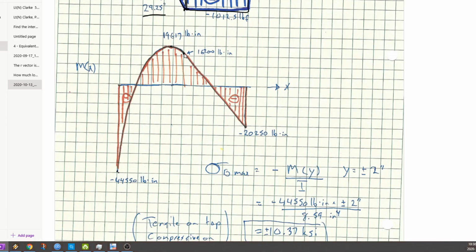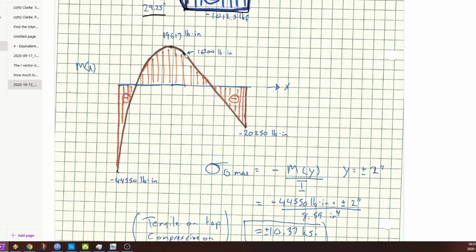You can rarely assume that that's the case unless it's a very simple loading situation. So it will be the case if you're supported equally on both sides and there's a point load in the middle, or something similar to that. But if it's anything slightly more complex, we cannot assume that the maximum is going to be in the middle.